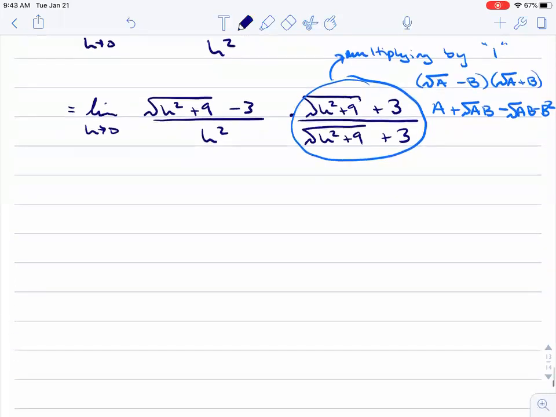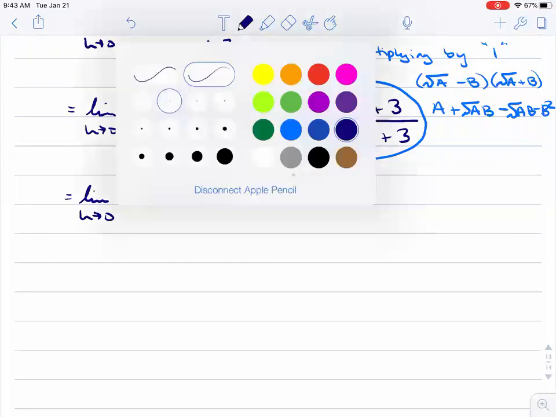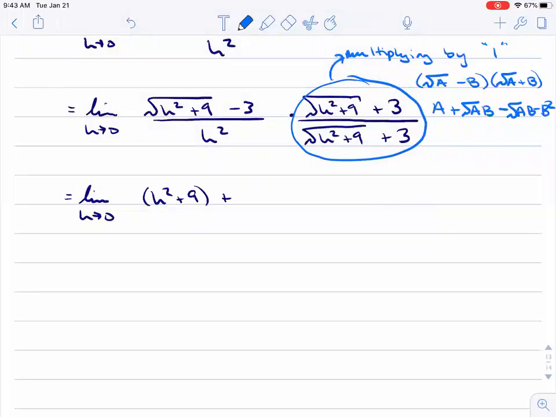So what I get is the limit as h approaches 0 of, well, a in this case is going to be the square root of h squared plus 9, and so I get h squared plus 9, no square root anymore, plus, oh, whoops, I didn't need to.